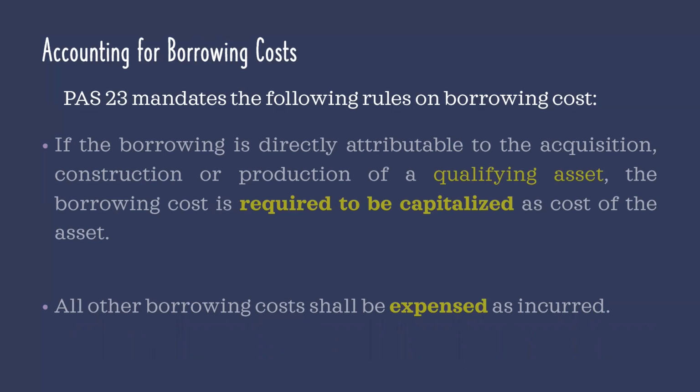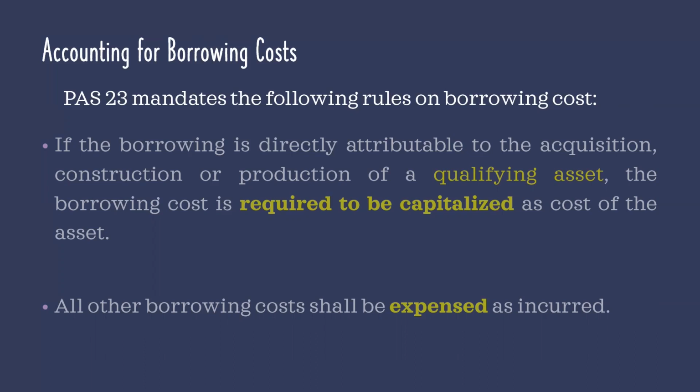Since we were trying to establish the initial cost of your property, plant, and equipment acquired through construction. So this is again related to that particular topic because you want to establish how much our total cost should be measured or recognized on initial measurement.